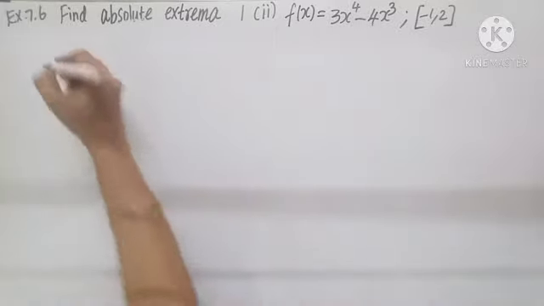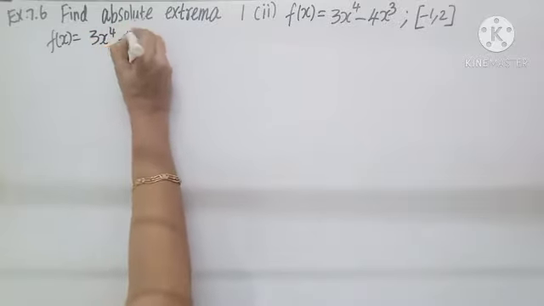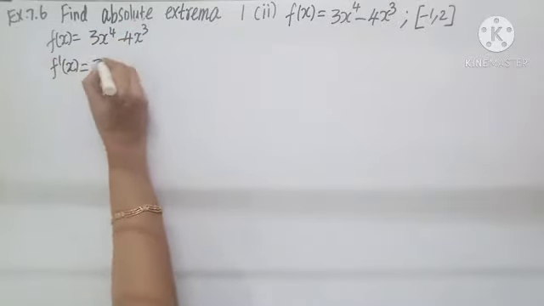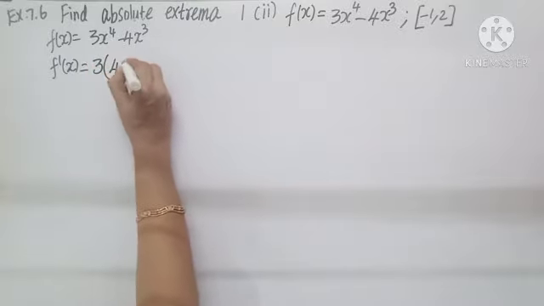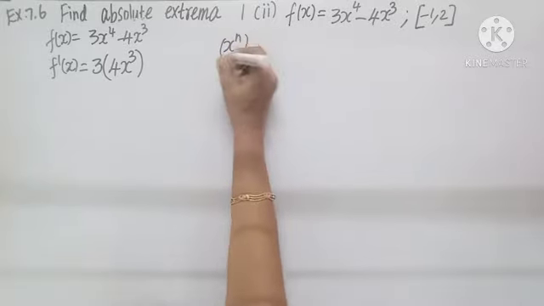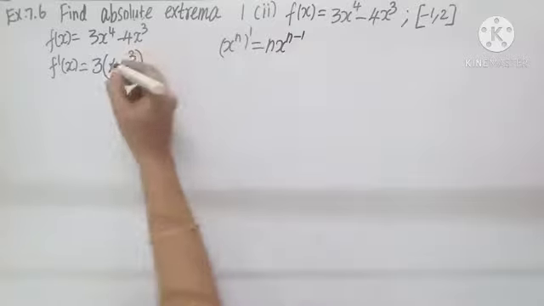Subsection 2, f of x is equal to 3x power 4 minus 4x cube. We need to find the derivative. 3 into x power 4 will become 4x cube. Remember the formula, x power n, the derivative is n x power n minus 1.